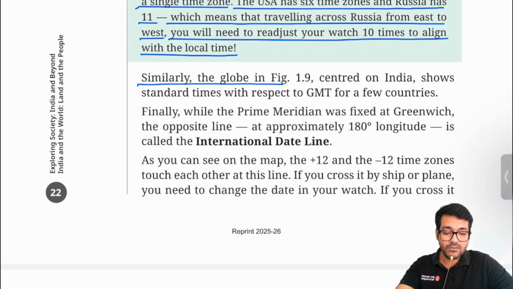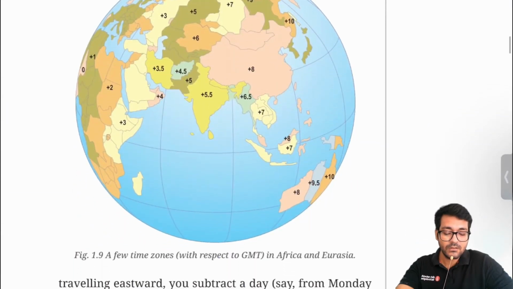Similarly, the globe in figure 1.9 centered on India shows standard time with respect to GMT for a few countries. Figure 1.9, a few time zones with respect to GMT in Africa and Eurasia.